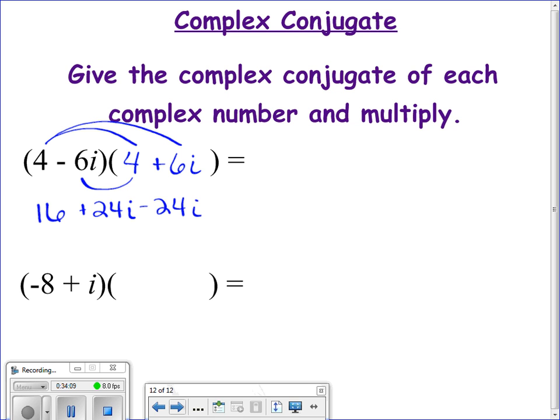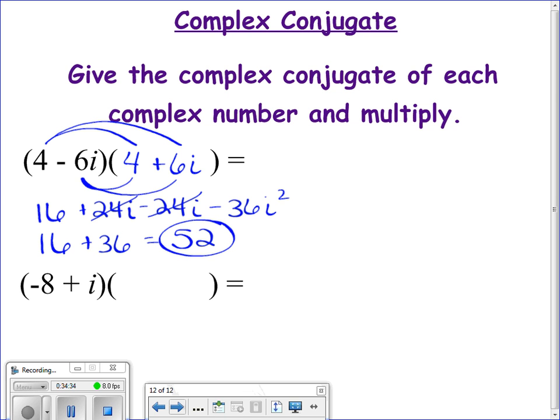You know those are going to cancel. -6i times 6i, -36i squared. You know those like terms in the middle cancel. So we get 16 minus 36i squared, plus 36, which equals 52. Good.